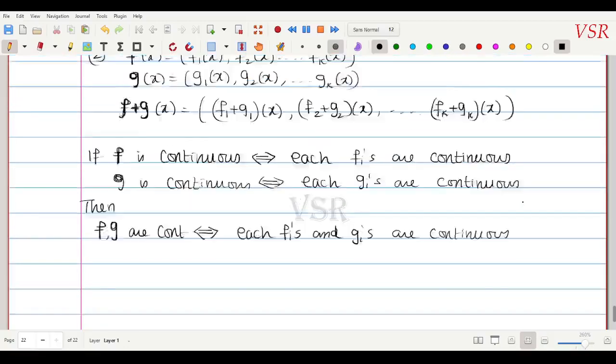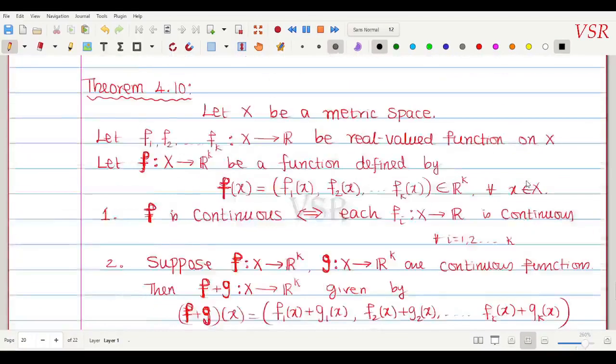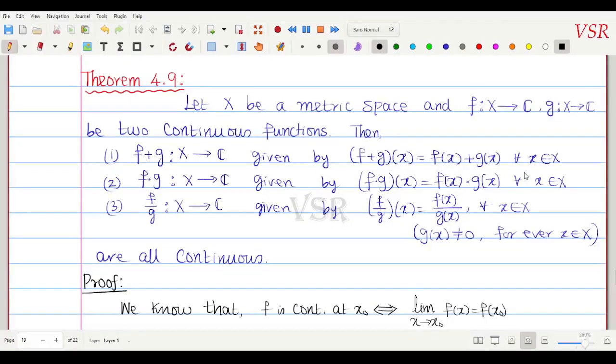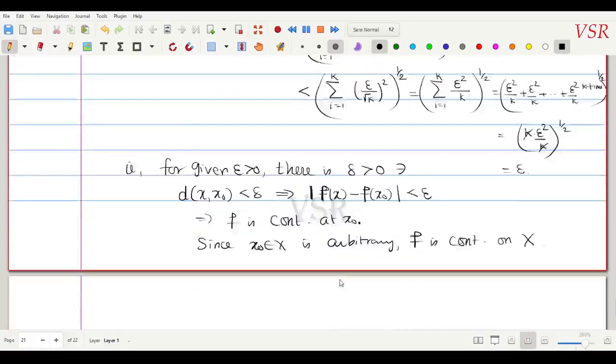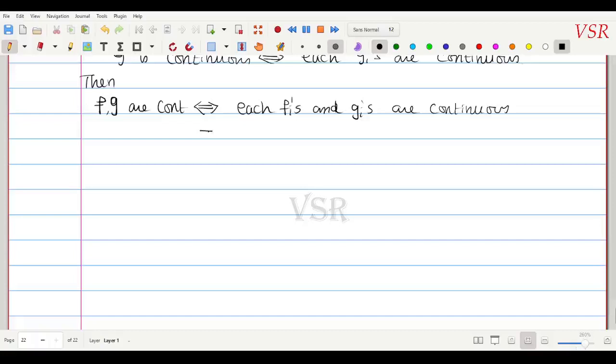Before this we saw a theorem for real valued functions: if f is continuous and g is continuous, then f plus g, f into g, and f by g are continuous. So in this case, I may write: if each fi and gi are continuous, then f plus g is continuous and fi into gi are continuous.